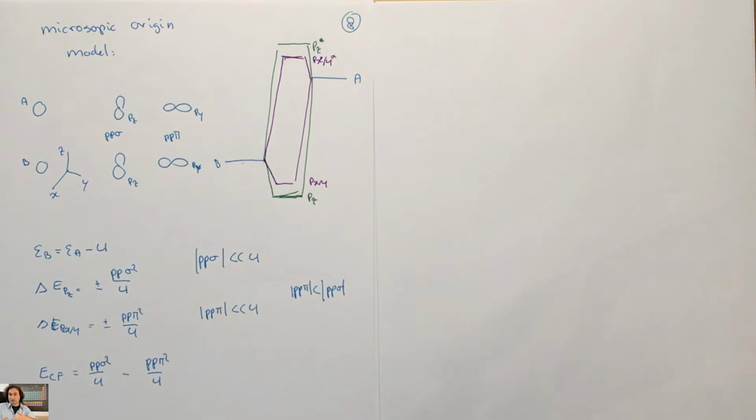This cancellation of error is a very powerful tool that we have in many-particle physics. We never need to know total energies. We're only interested in energy differences.